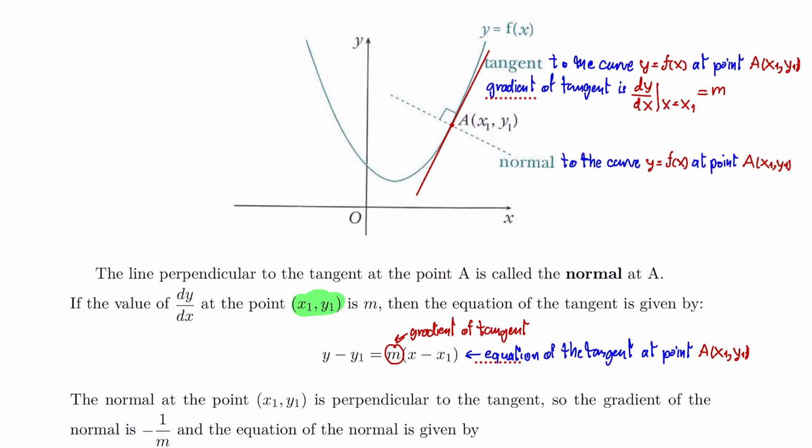And what happens to the gradient of the normal?